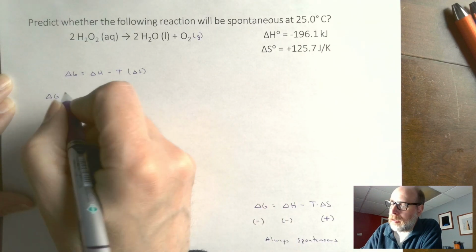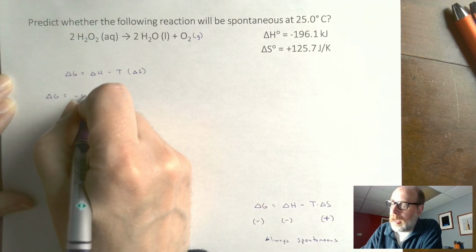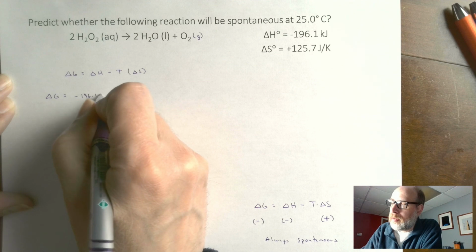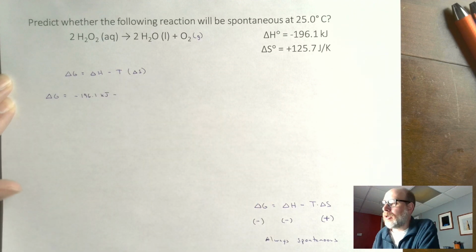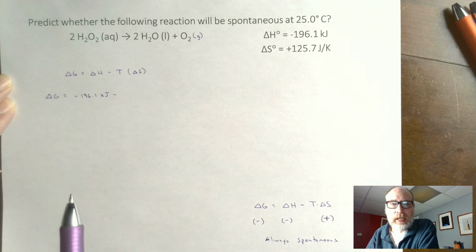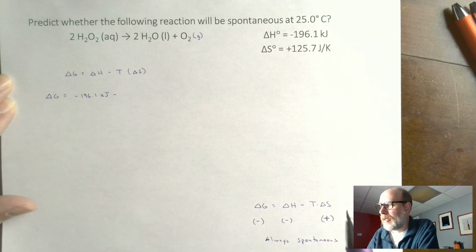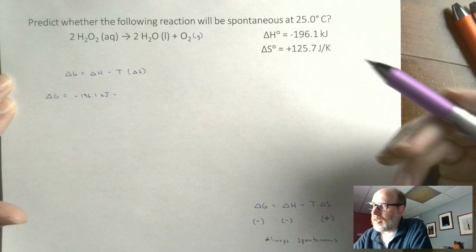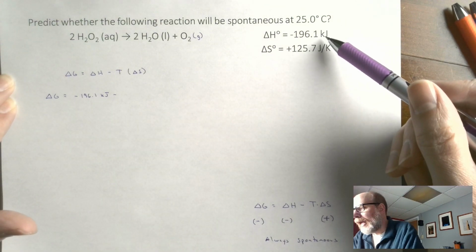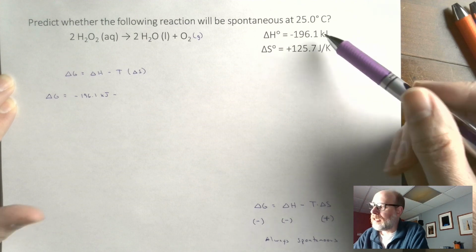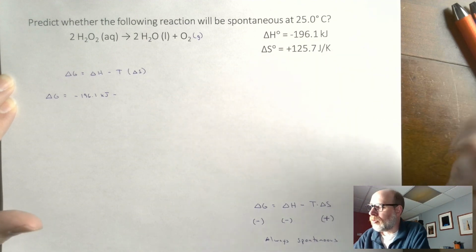enthalpy is minus 196.1 kilojoules. Then we have a temperature and we have a change in entropy. So remember, this is where I said there are mismatched units for enthalpy changes and for entropy changes. So look, one's kilojoule and one's joule.